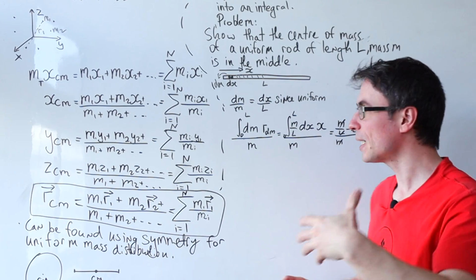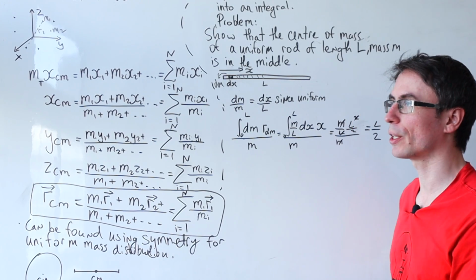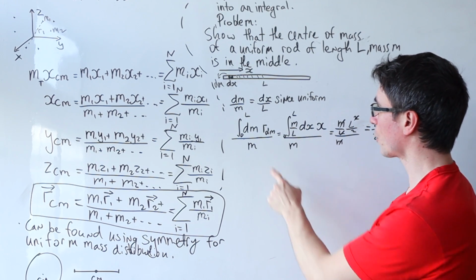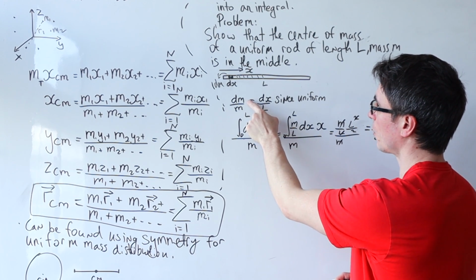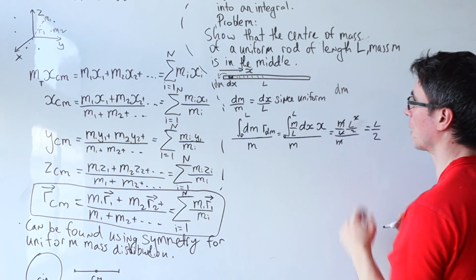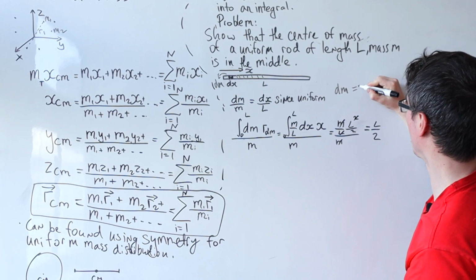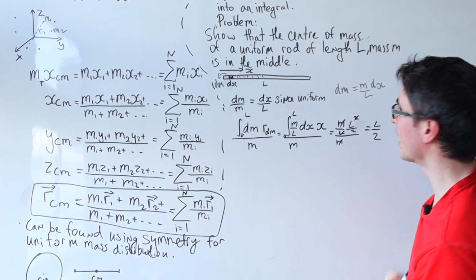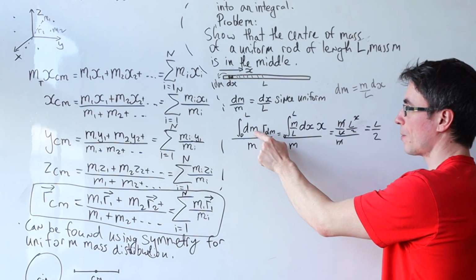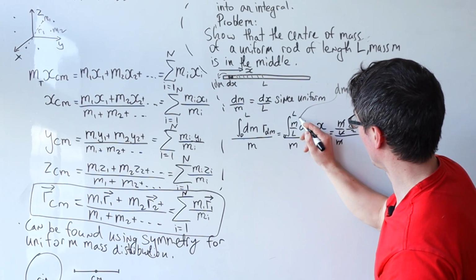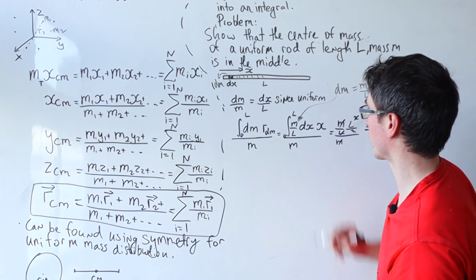Okay, now we're going to need some common integration variable so that we can actually perform this integral. So just rearranging for dm, that will be equal to m times dx, and then divide that by L. Now, if this here is dm, this here can get essentially placed across here.